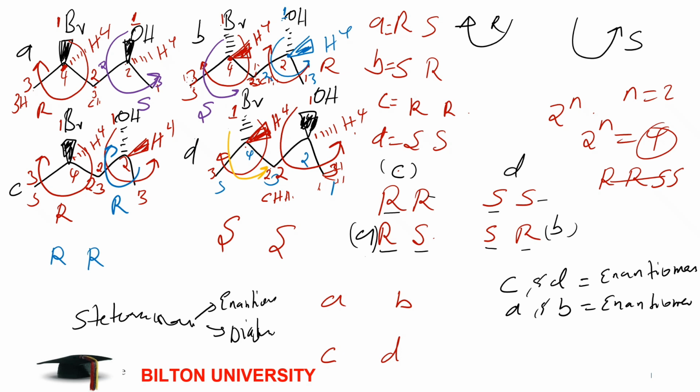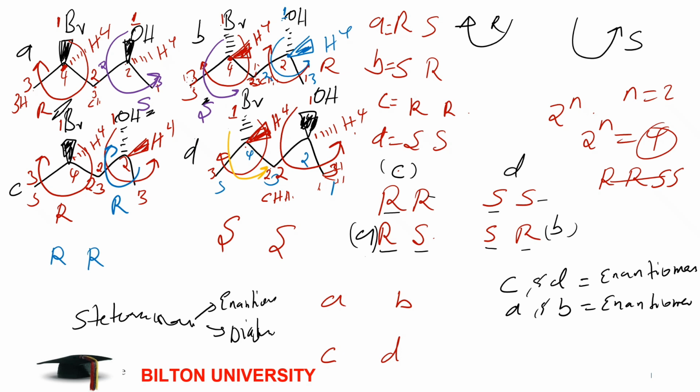Remember, we have said for enantiomers, the two chiral carbons have to change. For example, take A, it changes from R to S, and in the same carbon number 2, it changes from S to R. So those are enantiomers.